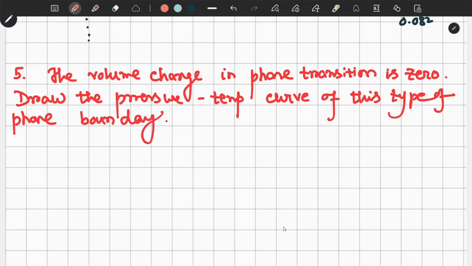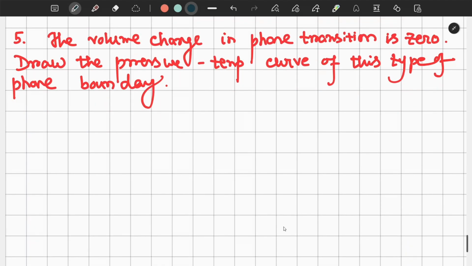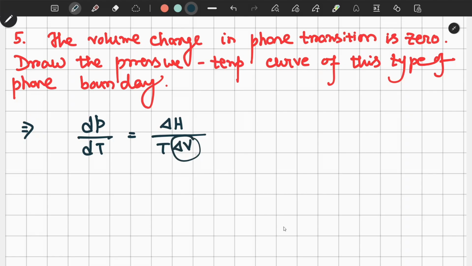It is parallel to the y axis. Yes. Let's see. You are correct, but you know dP/dT equals delta H by T delta V, and this is the slope.